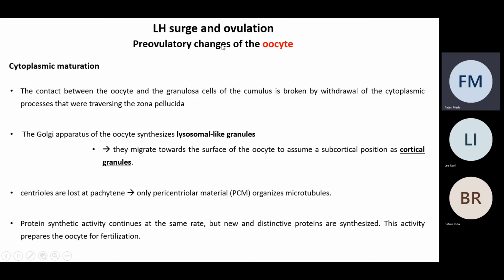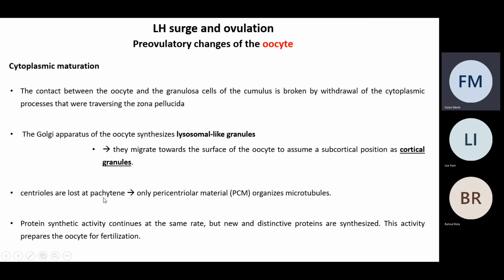So during the LH surge, the Golgi apparatus will synthesize those cortical granules, and they will migrate toward the surface of the oocyte and have a subcortical position. They will be positioned under the membrane, and they will be called cortical granules.